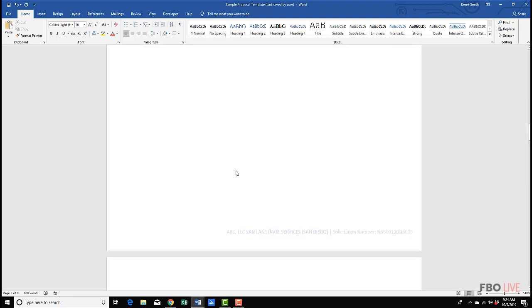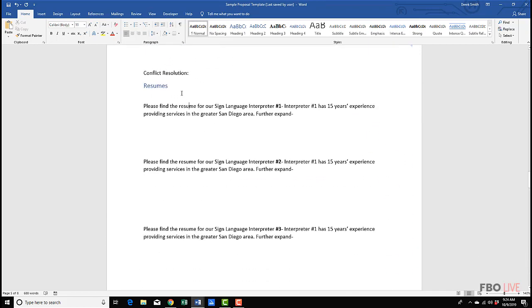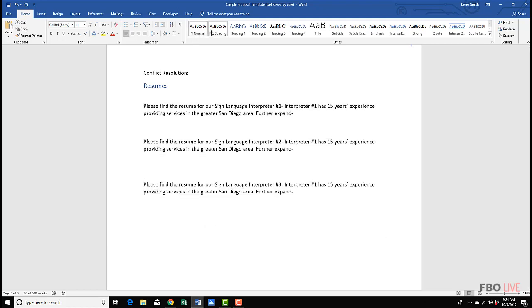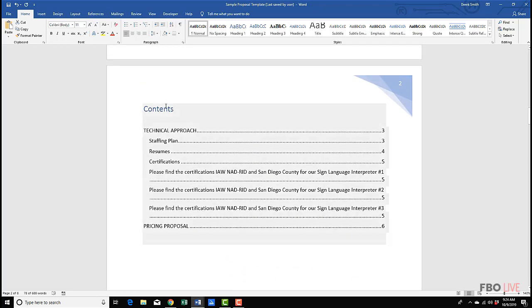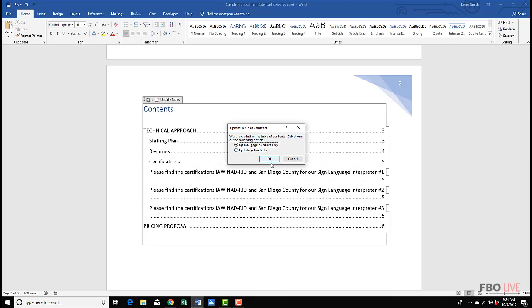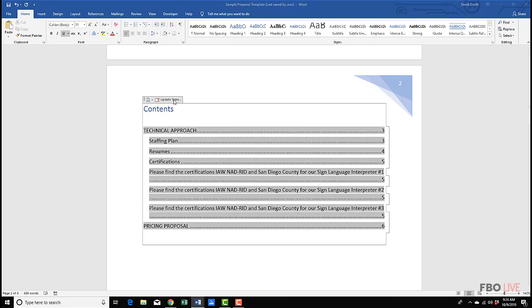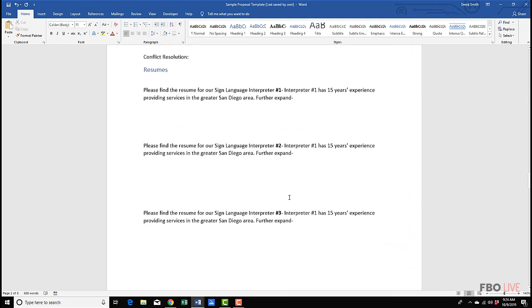That didn't work. Try and see if that fixed it. If not, I will just update this table offline so that we don't have to spend too much time with me messing with that.